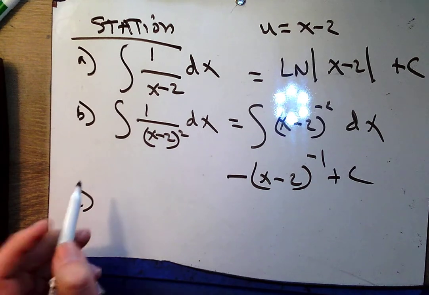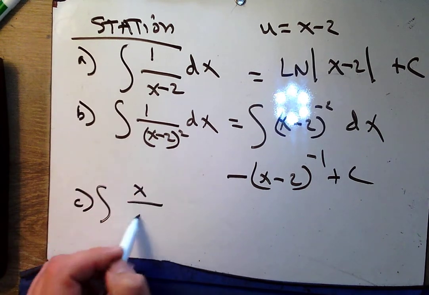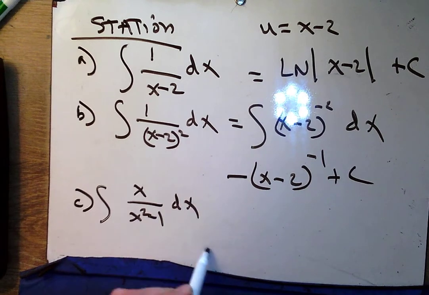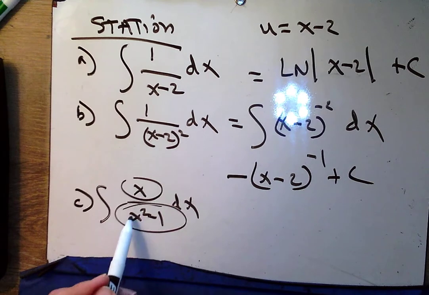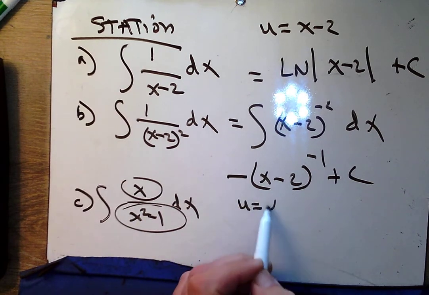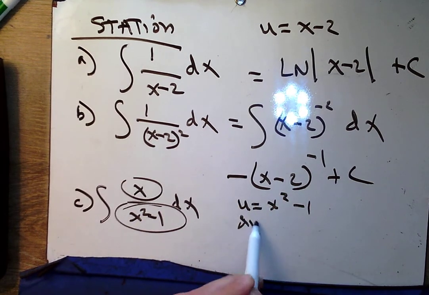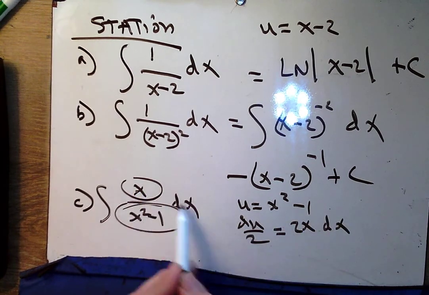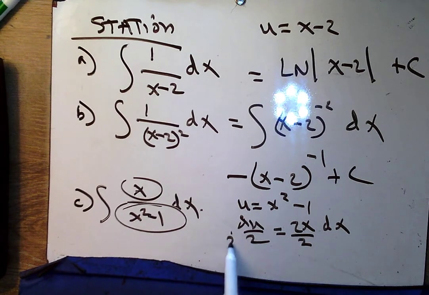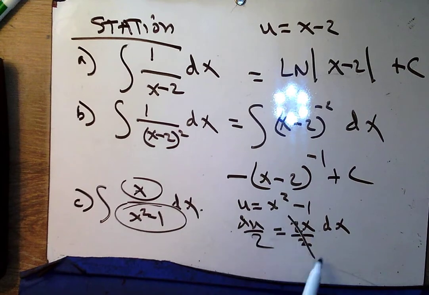Okay. Now we've got the integral of x over x squared minus 1 dx. This is definitely a u sub. I see a function, and I see most of the derivative of that function. If u equals x squared minus 1, du over 2 is x dx. I see the x dx, so let's just get rid of that 2. Okay, so then how do I rewrite this?